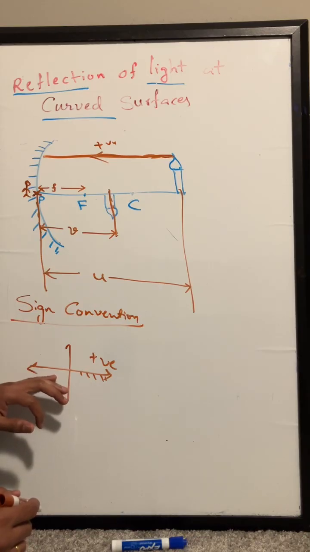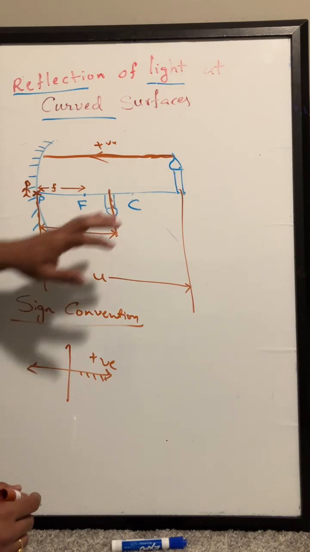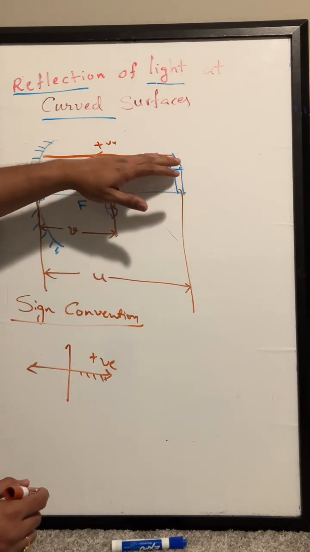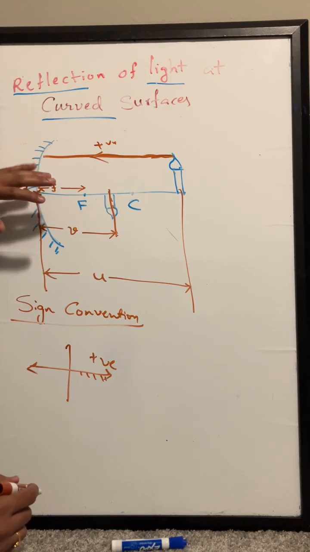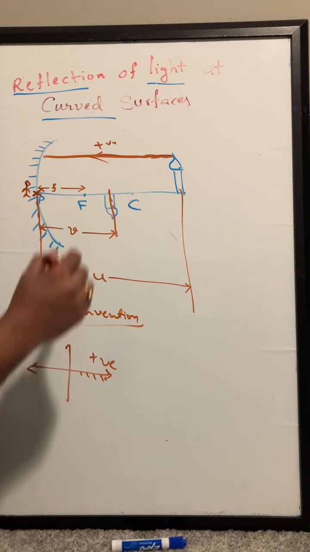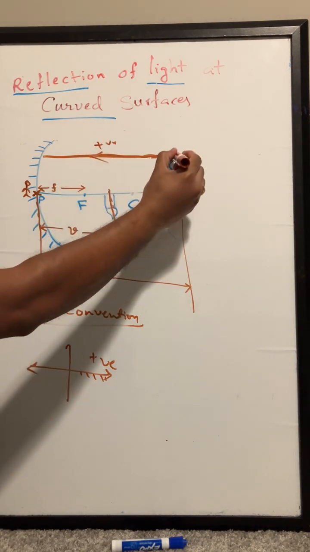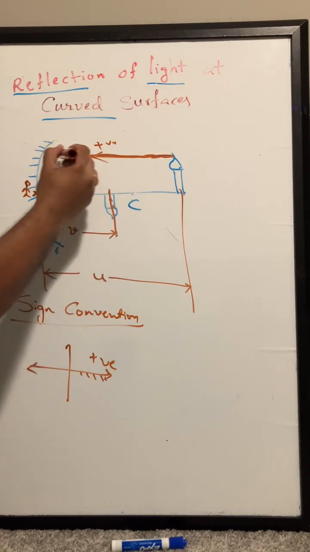Sometimes it will be confusing, like, this side is positive, this side is negative. No, measuring in the direction of light is called positive. That's what we do in these problems. That is what the sign convention tells. So we consider this direction as positive, anything measured in this direction.